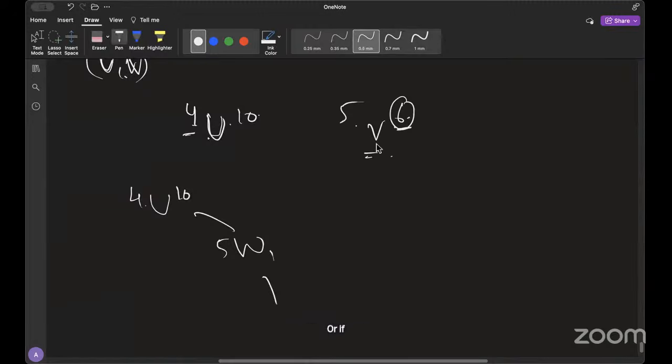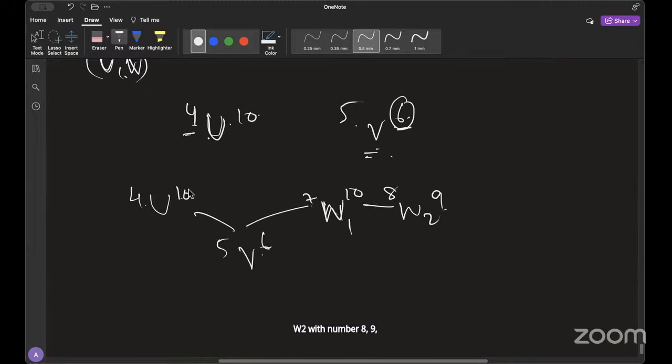If you have 5 here, that means this was B edge. So B and then 6. And then let's say it has something else too. W1, which has number 7. Then some other edge, W2 with number 8, 9, 10, and let's say this is 11.